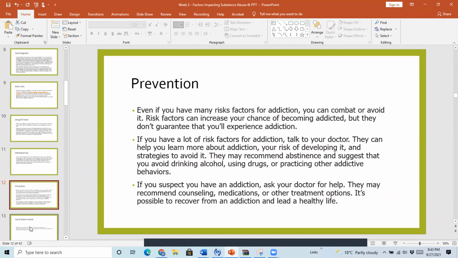Some medical practitioners will recommend many different forms of prevention and treatment. Most will recommend abstinence when it comes to those substances or behaviors, for example, avoiding drinking alcohol, using drugs, or practicing other addictive behaviors. But if somebody suspects that they may have an addiction, the first point of contact should be their doctor.